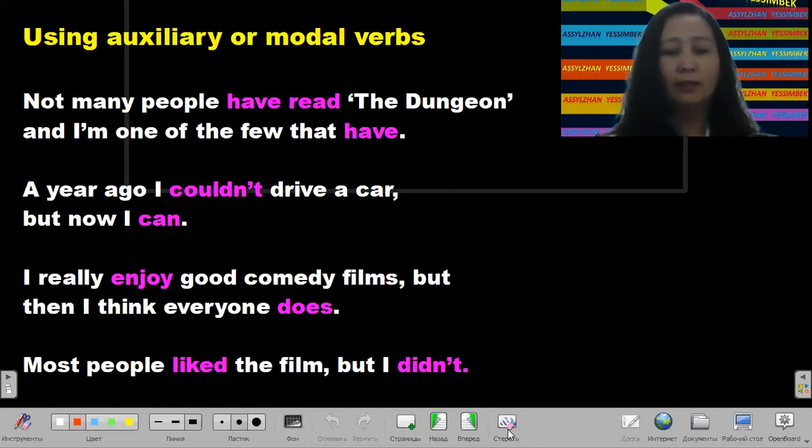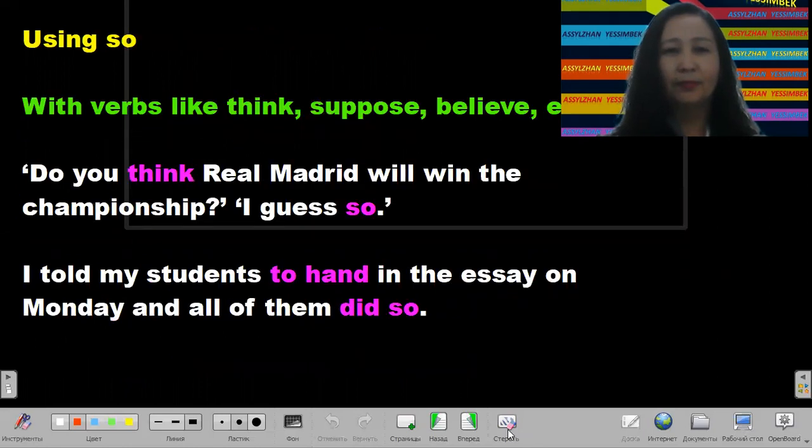Most people liked the film, but I didn't. Liked, this is past simple tense, and of course, we've used the auxiliary verb of the past simple. I didn't like it means also in the past simple.